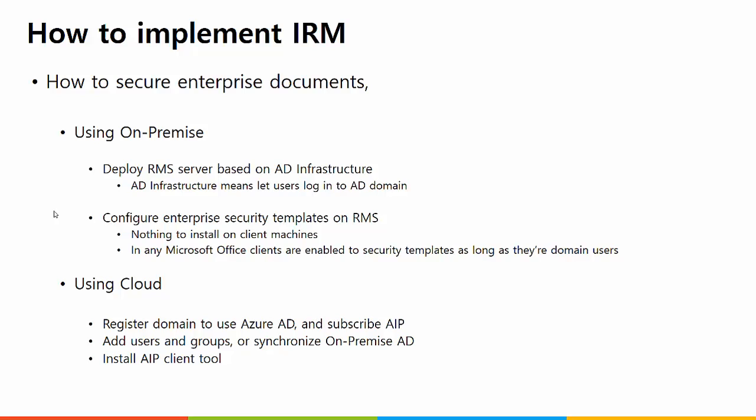It takes a long time. Deploying the AD infrastructure, otherwise, installing also has many requirements. You need to purchase a server. It can be quite difficult, and there are many things to consider, such as high availability.